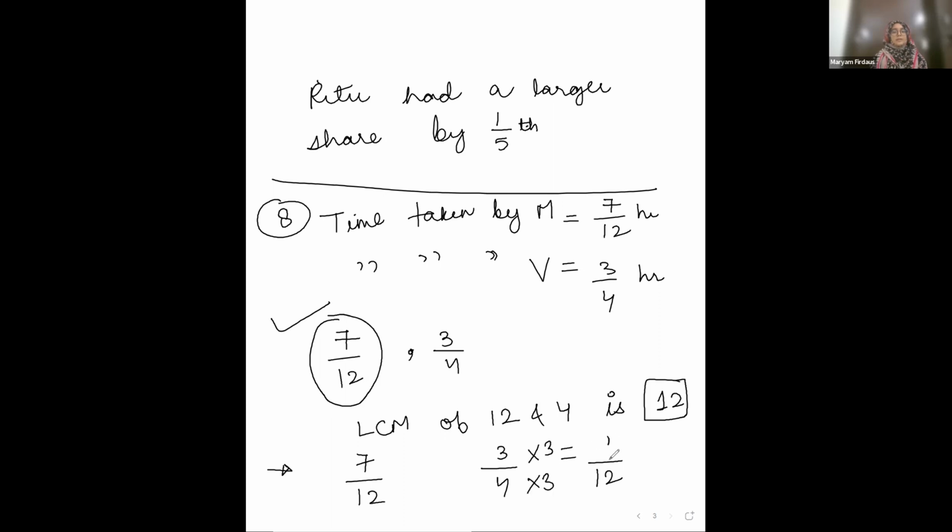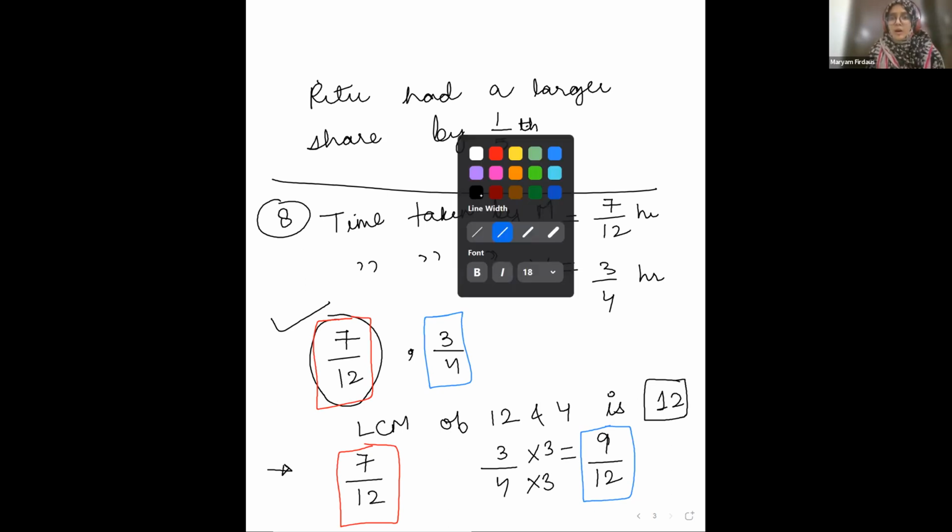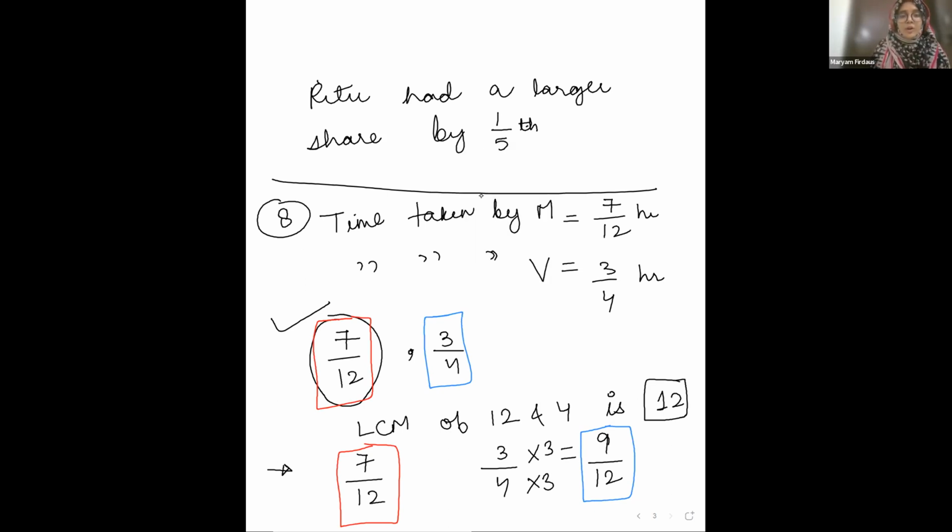So it's 9 by 12. Now can you tell me which fraction is bigger? This 9 by 12 is bigger than 7 by 12. So 3 by 4 is bigger than 7 by 12. So who worked longer? Yes, Vaibhav worked longer.